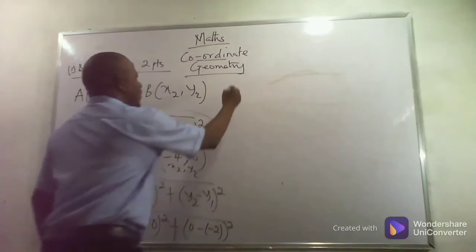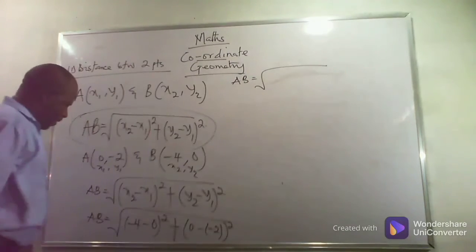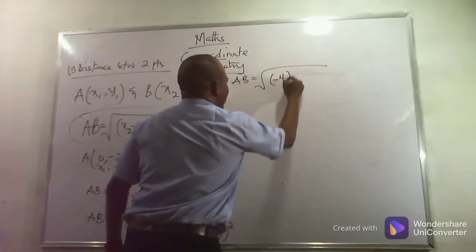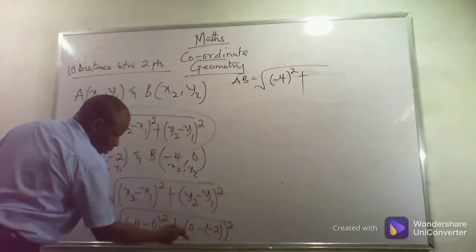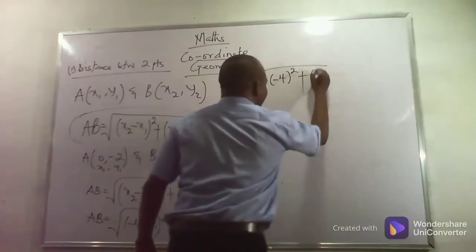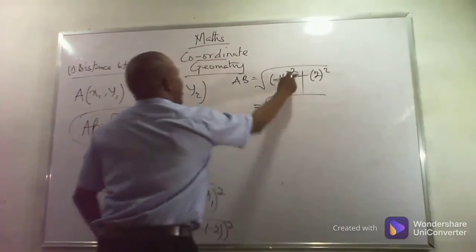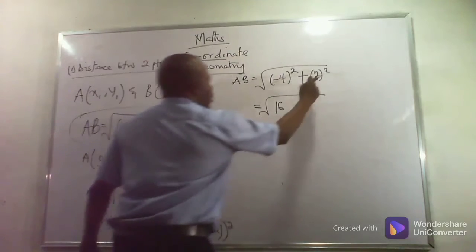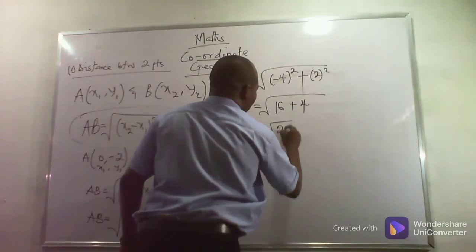So it means you have AB to be square root of (-4 minus 0), that still remains -4, squared, plus minus times minus plus, so 0 plus 2, that gives me 2 squared. So I have square root of -4 squared, that will give me 16. 2 squared, that will give me 4. So I have square root of 20.